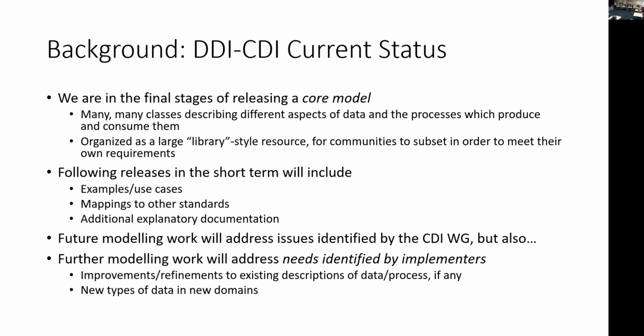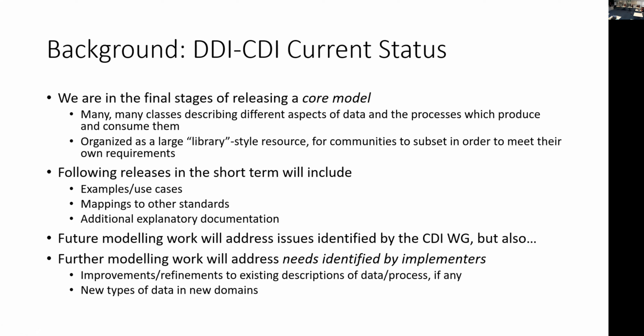Future modeling work is going to deal with a lot of issues that we've already identified within the working group, and some of those are topics here. Some of the future modeling work, though, is really going to be brought up by implementers as we move forward and begin working with people. I'll talk about examples in a minute.